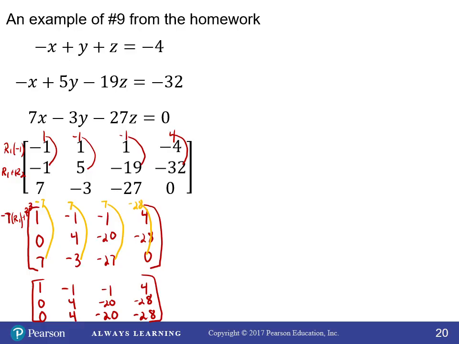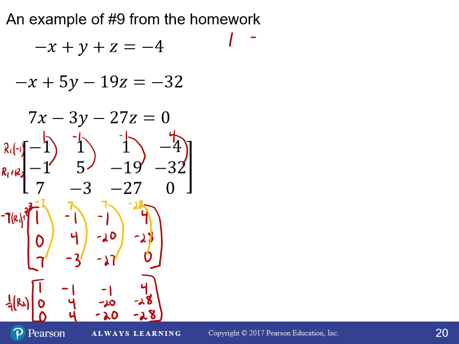Okay, remember your next goal is to try to get a 1 in this position right here. Well look, if I take that row and try to get a 1 in that position, I can just take row 2 and multiply it by 1/4, which we remember is the same thing as dividing by 4. Okay, so row 1 is going to stay the same.